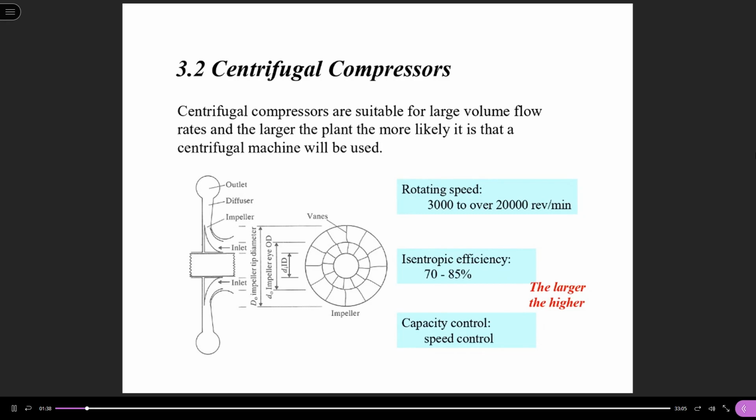For the four main components, we have the evaporator and the condenser. So they are heat exchangers. Okay? They are heat exchangers.